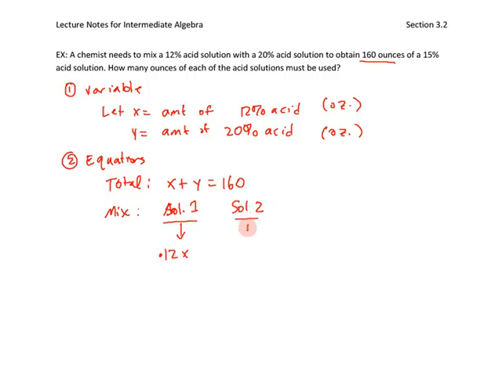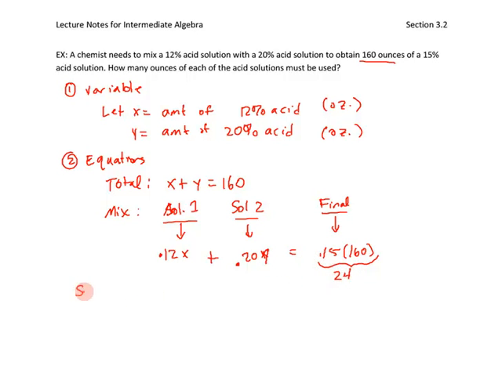Solution 2 gives me 0.20 of y, actually. That adds together to give me, in my final mixture, 0.15 of 160. That's how many ounces of acid would be in there. 15% of the 160 ounces, which, if I multiply that out, gives me 24.